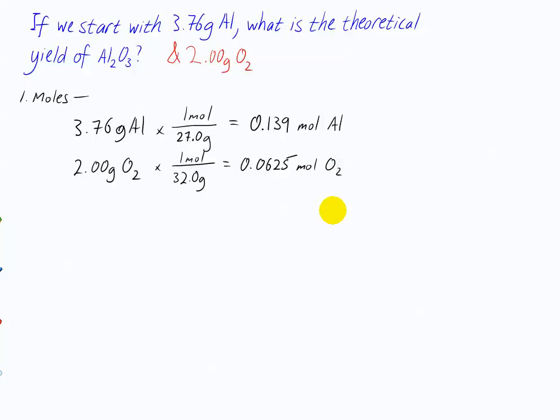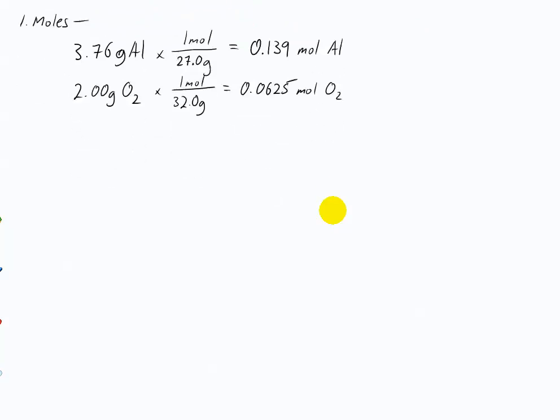So now we use that same 4/3 mole ratio to figure out which one's limiting. You can start either way. Doesn't matter. I'll start with the aluminum again since that's what we've been doing. So 0.139. Well, okay, let's make this a second step. 2.